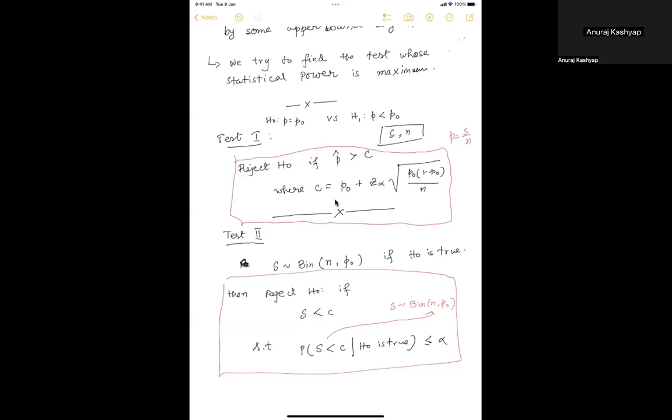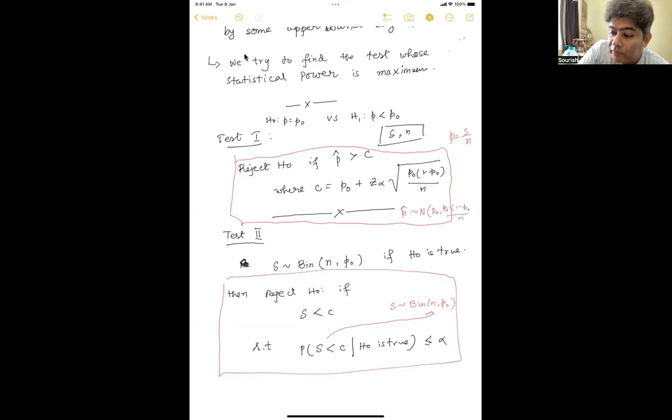Normal distribution. Exactly. That is the fundamental difference, that you are assuming the sampling distribution of your estimator. Your estimator here is p hat, and you are assuming it follows normal with mean P naught and variance P naught times 1 minus P naught by n.